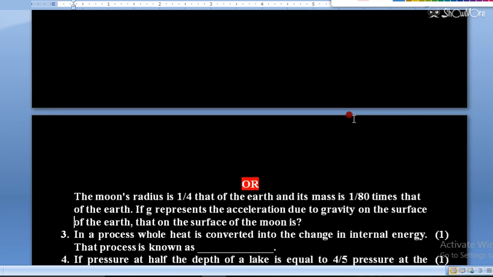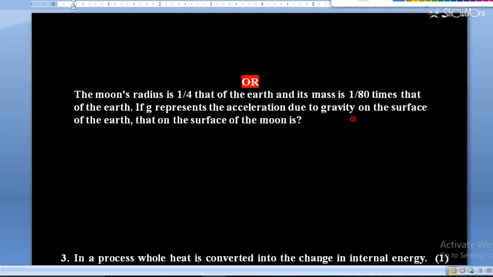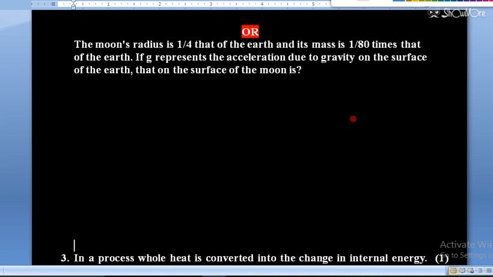The moon's radius is 1 by 4 times. So this is another question. You can attempt this also if you do not know the solution of our question. So now we are going to discuss this one. I have explained the formula for acceleration due to gravity in the beginning, during the start of gravitation.